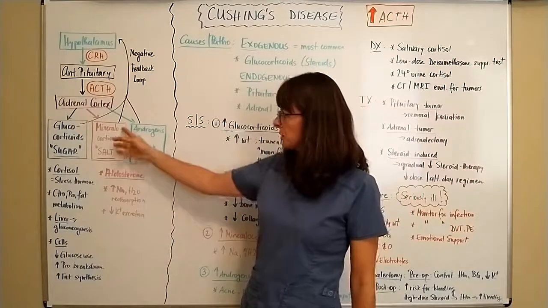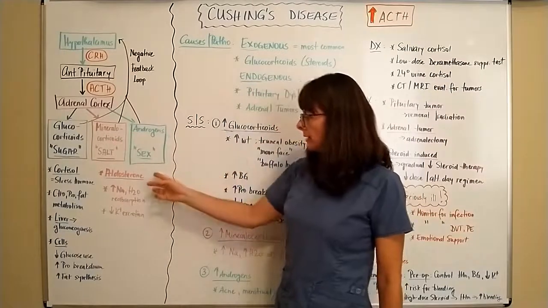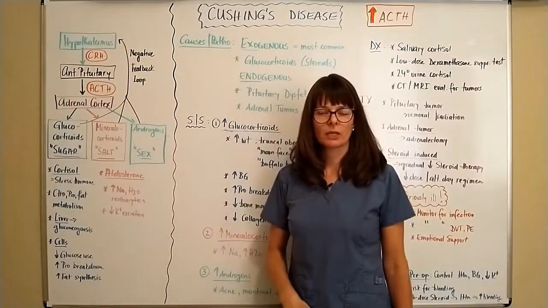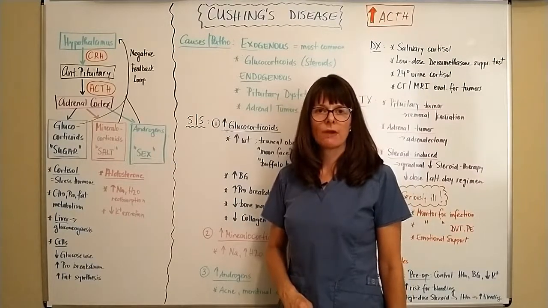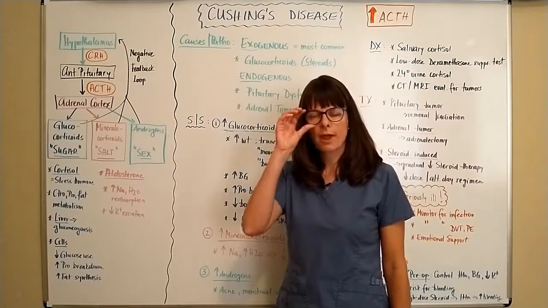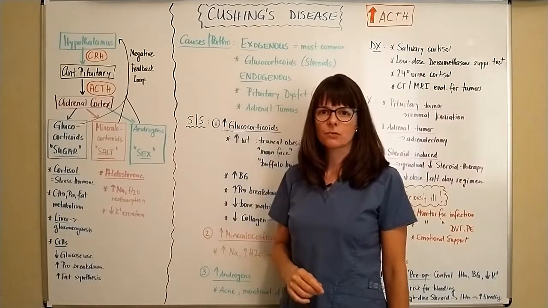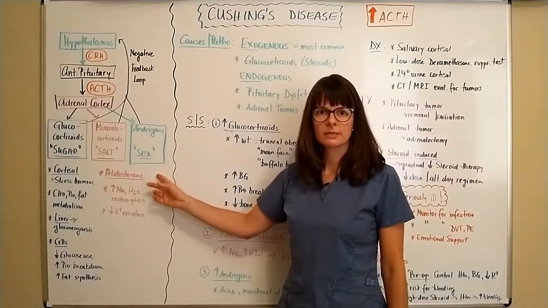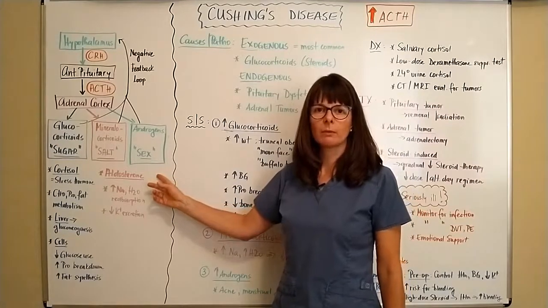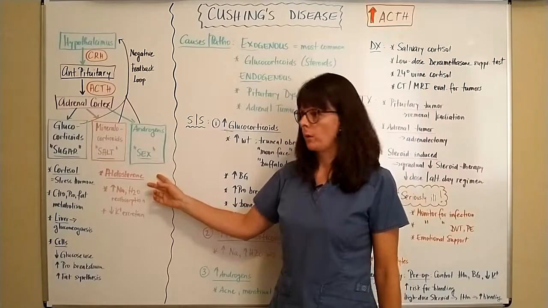Now, for salt or mineralocorticoids, think about aldosterone here. Aldosterone is a major player in the RAS system, which is the renin, angiotensin, and aldosterone system. Aldosterone, under normal circumstances, is released when blood pressure is low.